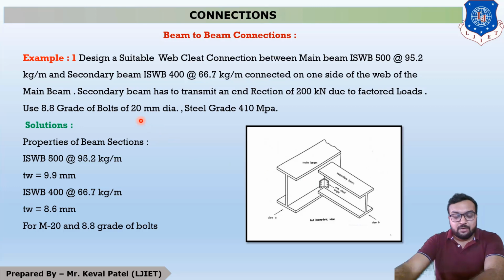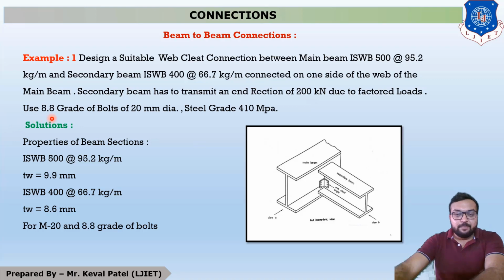Okay. Now how much load is transferred from secondary beam to main beam? You can see that our secondary beam has to transmit an end reaction of 200 kilonewton due to factored load. It means our 200 kilonewton load is our factored load which is transferred from secondary beam to main beam.